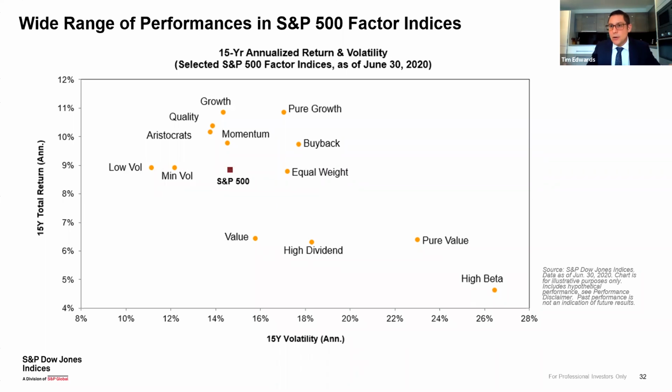But I just wanted to show you, in terms of that risk return profile, how much power there is in being able to select. So here, you have the S&P 500 right in the middle. You're really being given the potential to dial up and dial down risk, or dial up or dial down return hopes. And there's actually quite a good range of long-term options there in terms of generating risk and return.